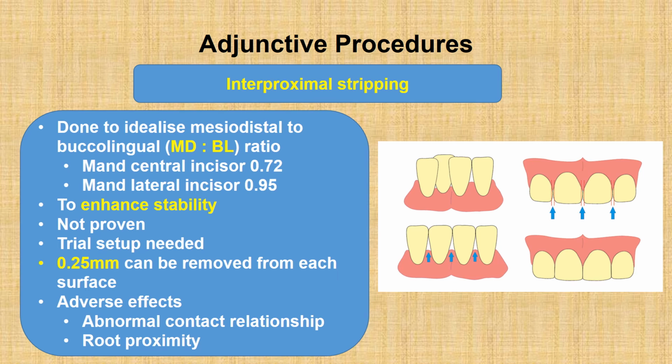Another adjunctive procedure is called interproximal stripping or slenderizing the teeth. Now, it is believed that there is an ideal mesiodistal to buccolingual ratio for the lower teeth, and for the mandibular central incisor, it's 0.72, and for the mandibular lateral incisor it is 0.95.